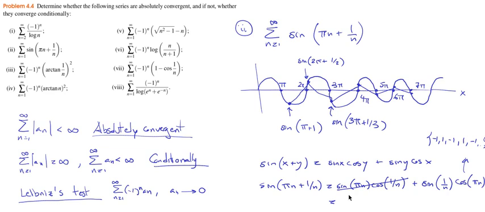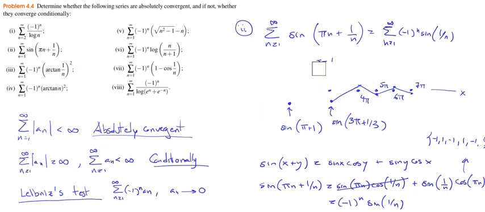So this expression, the sine of pi n plus 1 over n, is equal to minus 1 to the n times the sine of 1 over n. Okay, so we can rewrite it like this. This is exactly the same thing that we have said with this graphical demonstration, right? So this is minus 1 to the n sine of 1 over n, so this is also an alternating series.